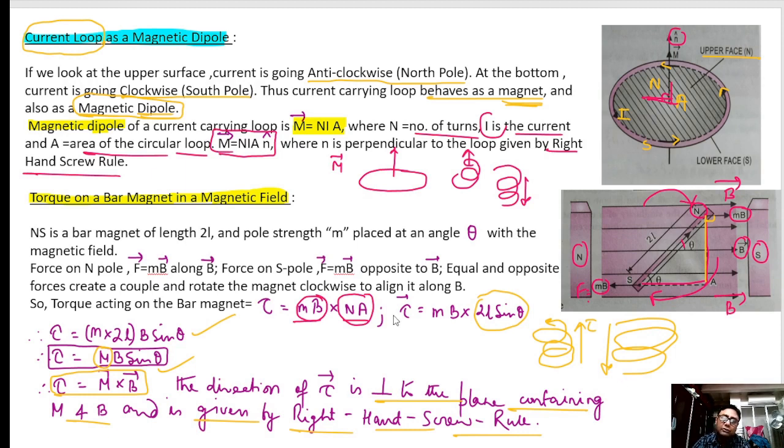So the direction of the torque is given by the right hand screw rule. This is very, very important. Clear?